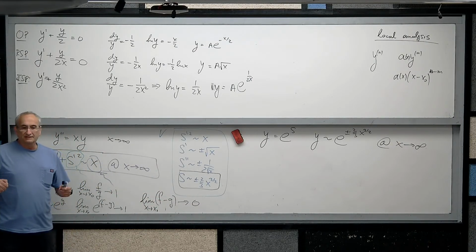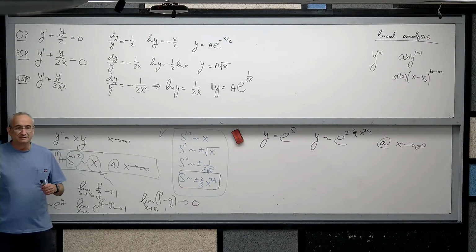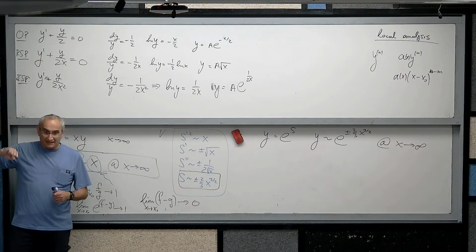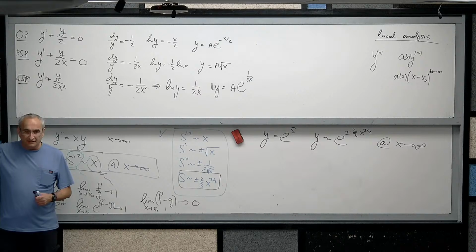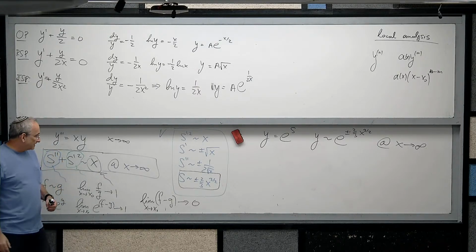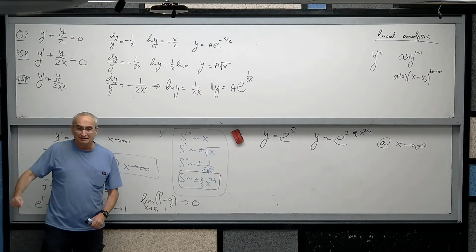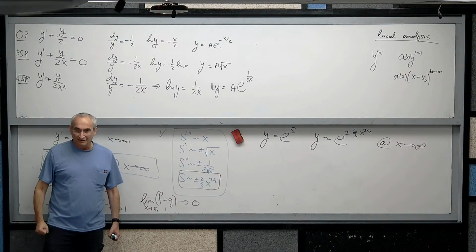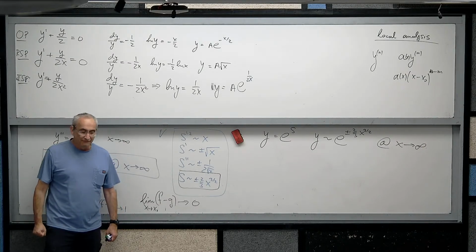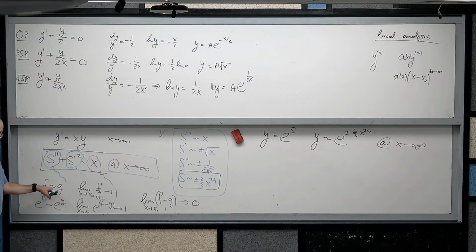So if the difference between f and g is 1 over x, and x goes to infinity, then it's fine. But if the difference between f and g is ln x, and x goes to infinity, then it's not fine. It is not necessary that this implies that.